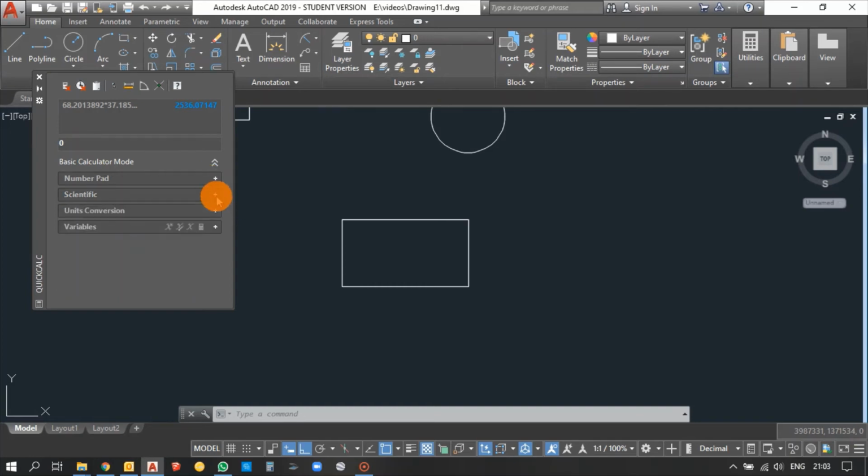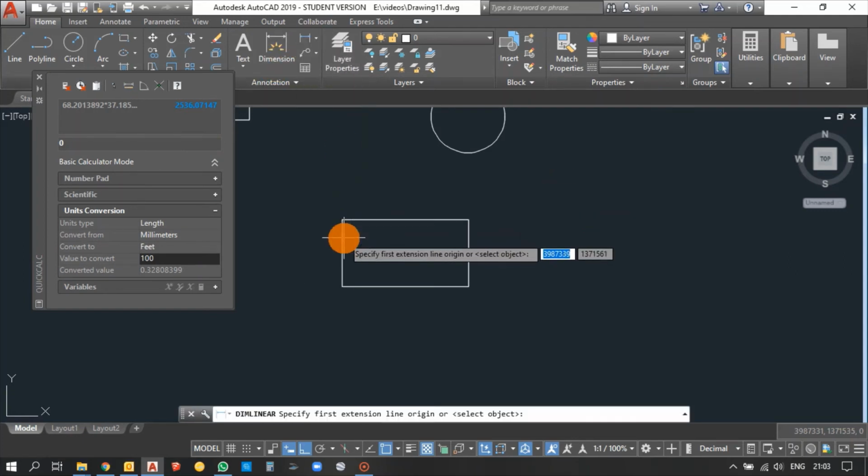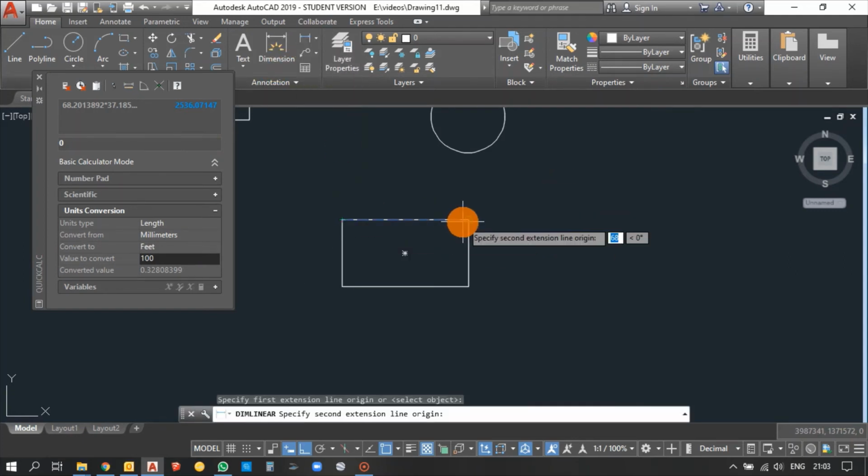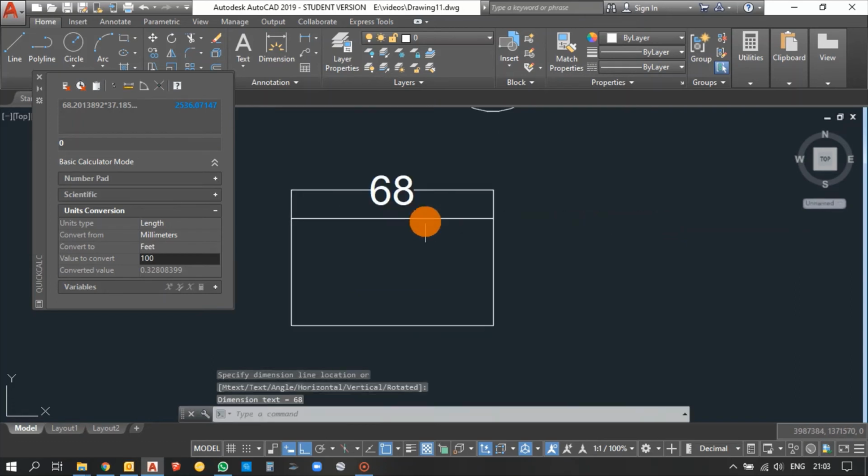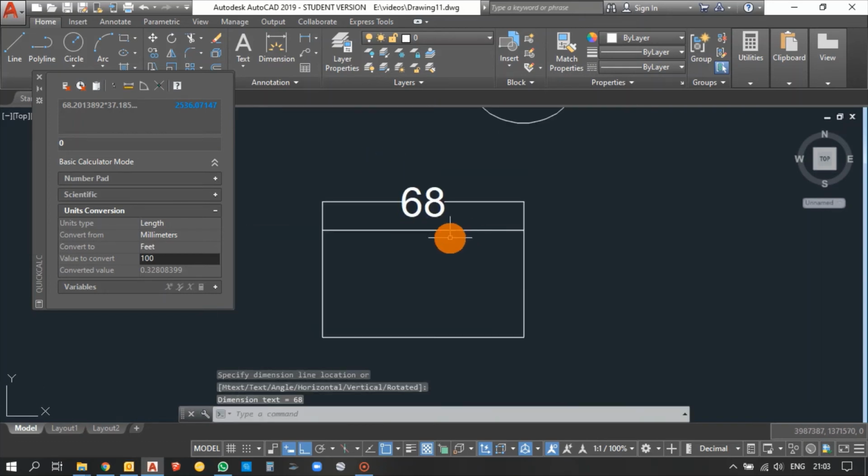The next thing is unit conversion. This is quite important. For example, you have a length here of 68 mm. I have represented all these diagrams in mm. In case your measurements are in feet or inches, how will you convert to mm? For this conversion you can go for length.